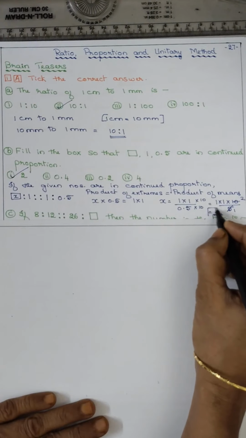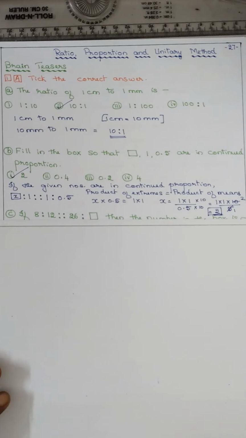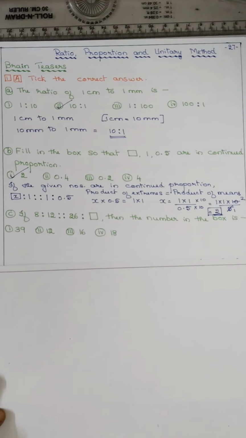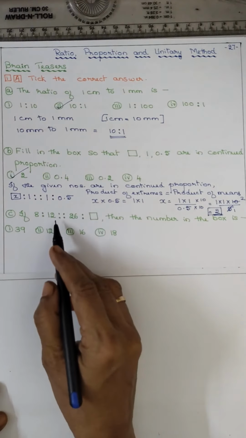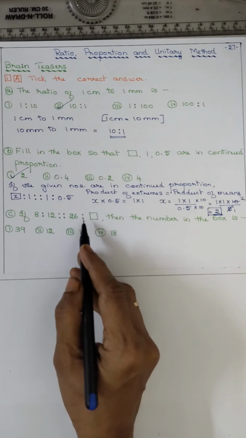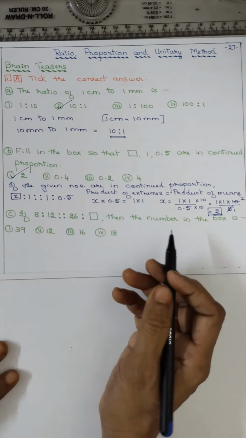Did you understand? So in the worksheets we have done this type of sums. So first solve it and then tick the correct option. Now coming to question C, if 8 is to 12 in proportion with 26 is to box, then the number in the box.